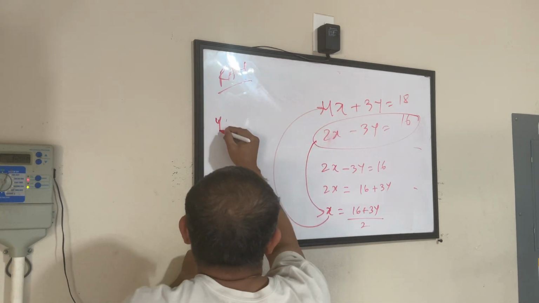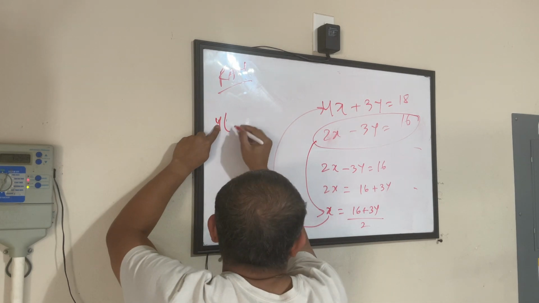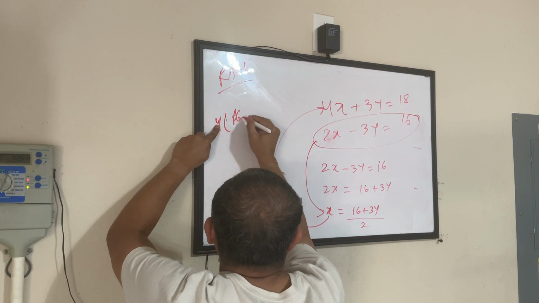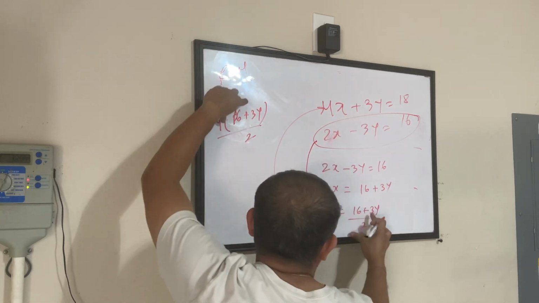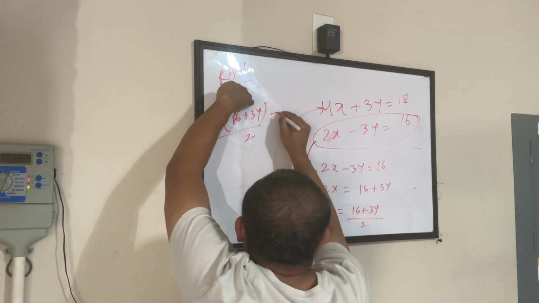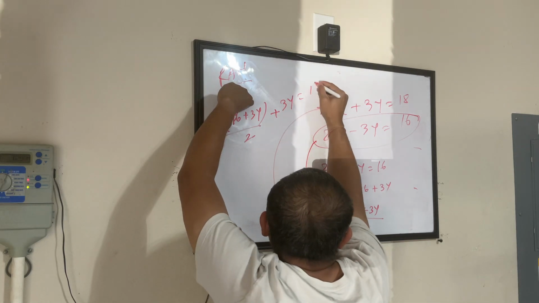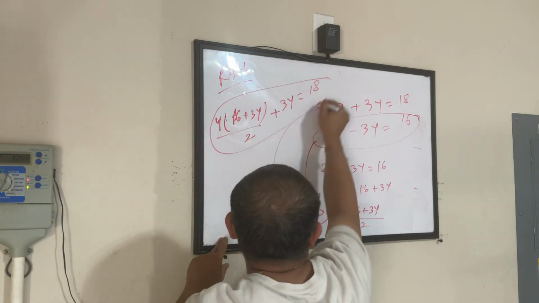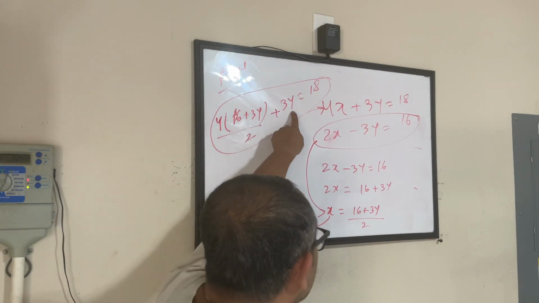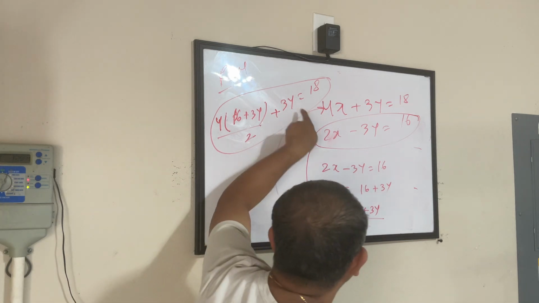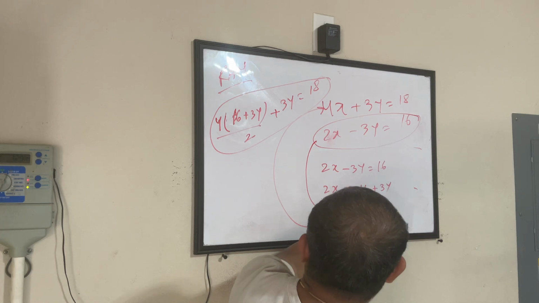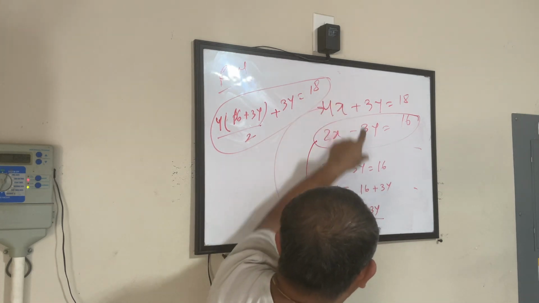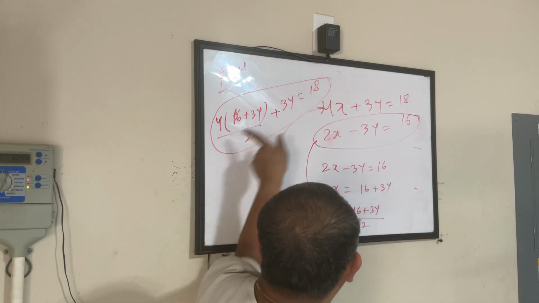So it becomes 4 times x, x is this, (16 plus 3y) divided by 2. This is my x, I just replaced it here. Plus 3y equal to 18. What happened here? If you look at this equation, I have only y. I substituted the value of x from this equation into this equation to get the equation only with y.